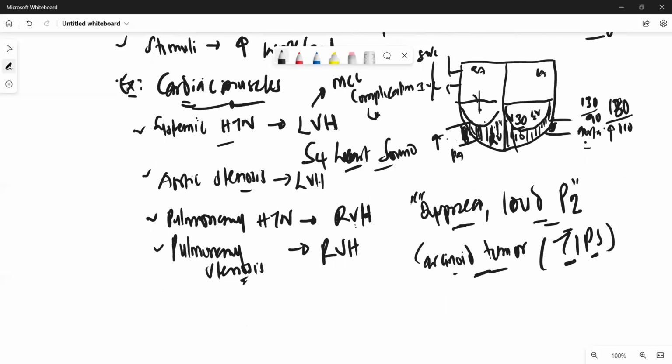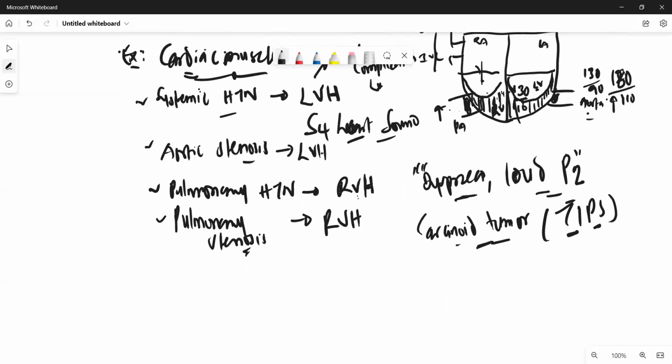Moving on, so that's our cardiac muscle. Another example of hypertrophy is going to be related to skeletal muscle, which is normally seen in a muscle builder.